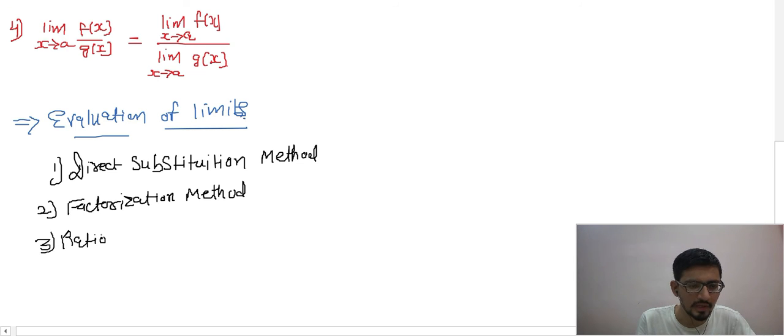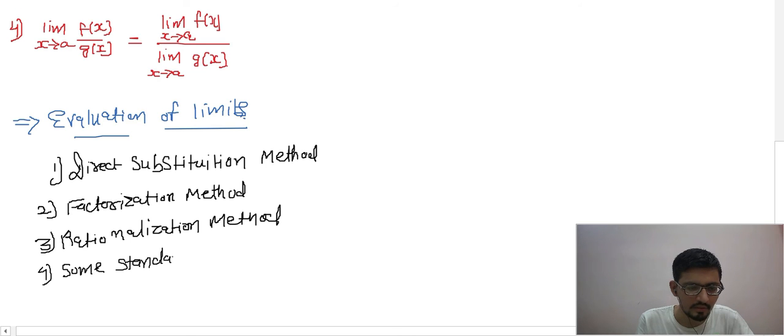Rationalization method means in that you have to rationalize numerator or denominator or both. Fourth is very important, some standard limits, evaluation by some standard limits.